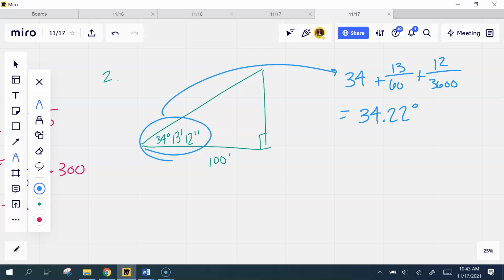Unit circle questions are no calculator. Yeah. What I do, what? I did 13 divided by 60 and 12 divided by 3600 and added them together on my calculator. No, you gotta fill in the whole unit circle.